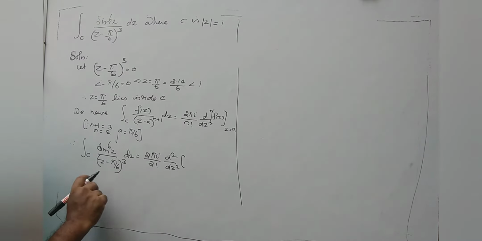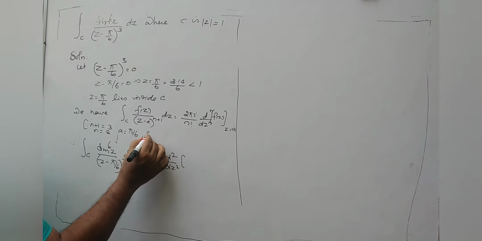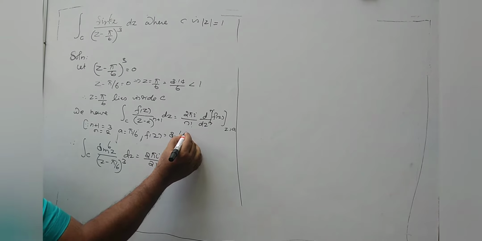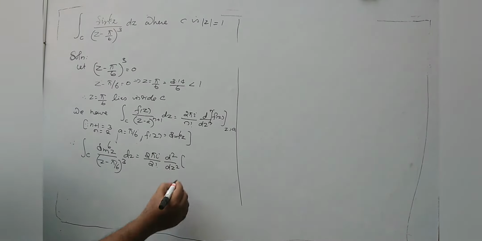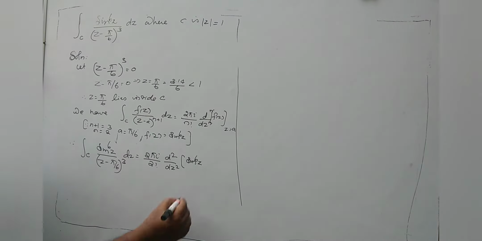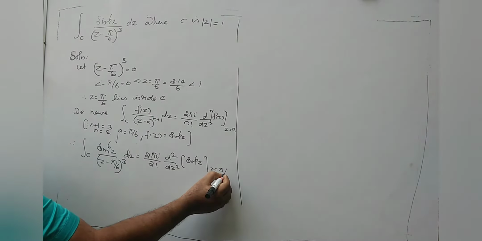What is f of z? So f of z is equal to sin raised to 6z, at z is equal to pi by 6.